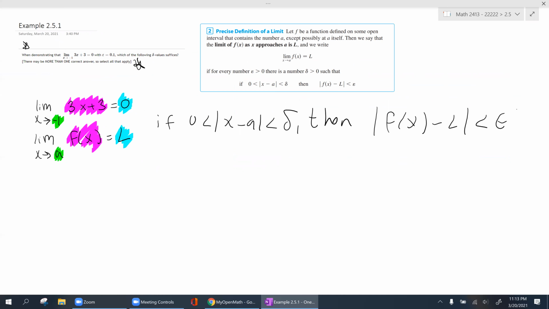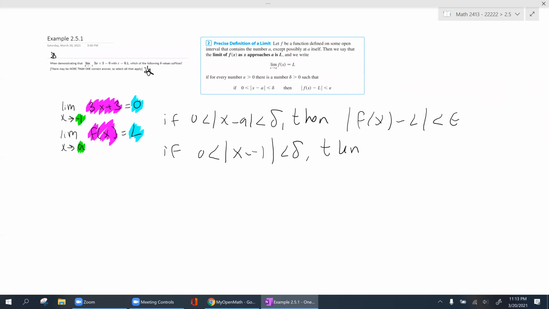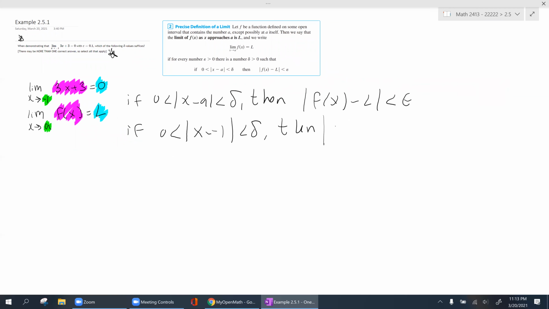I'm going to plug in what I know. First, I know if 0 is less than the absolute value of x minus, what is my a? -1, is less than delta. Then my function, what is my function? My function is 3x plus 3, minus L. What is my limit?